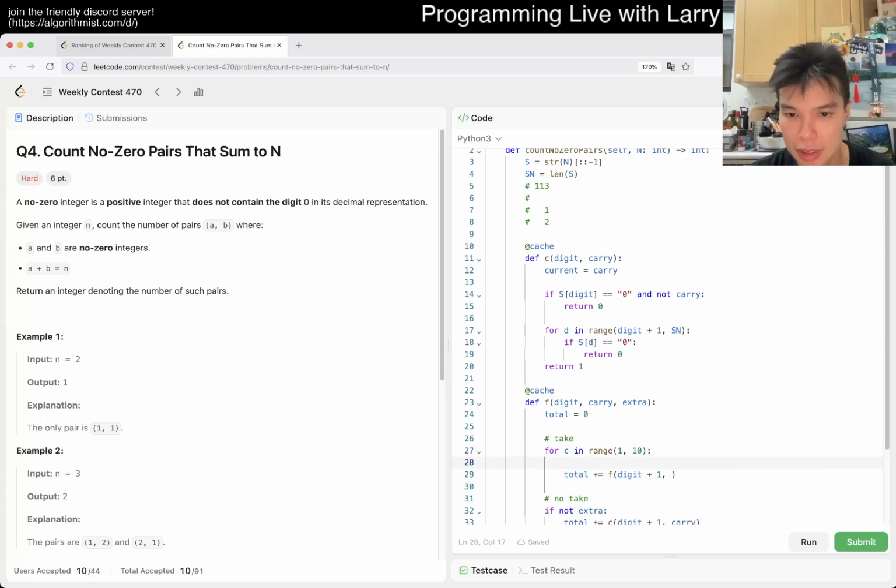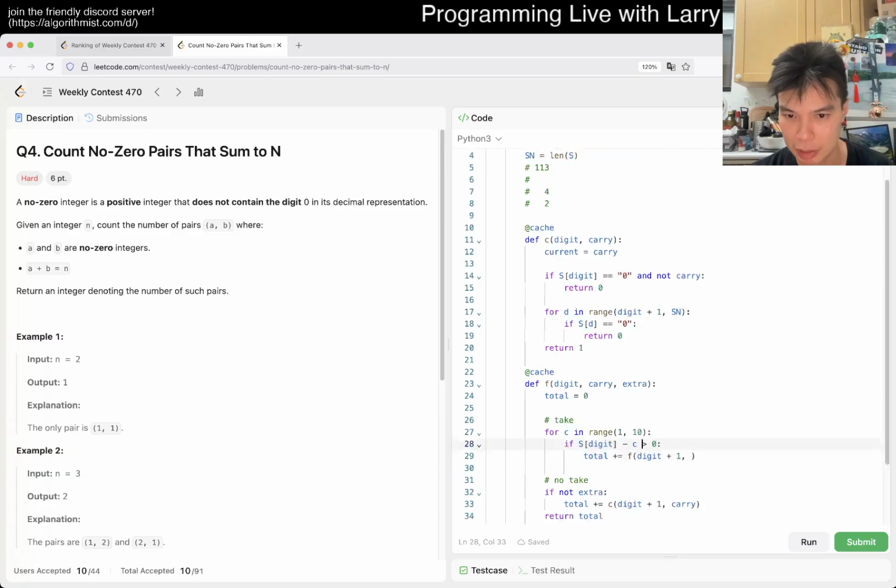So then this is just s of digit minus c. So if this is greater, because if this is now a 4, then there's a carry because this is a 9, right? Yeah. If this is greater than 0, then well, and with a carry, so plus carry.